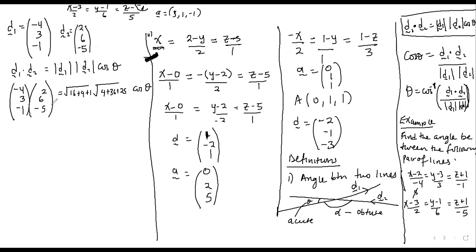Cosine of theta: when you dot -4 and 2, you get -8 plus 18 plus 5, divided by square root of 26 times square root of 65. Sorry, 61 plus 4, you get 65. Finally, theta is going to be equal to 15 out of square root of 26 times 65.